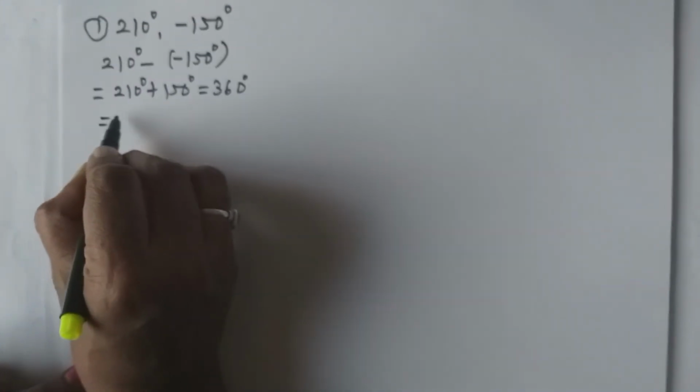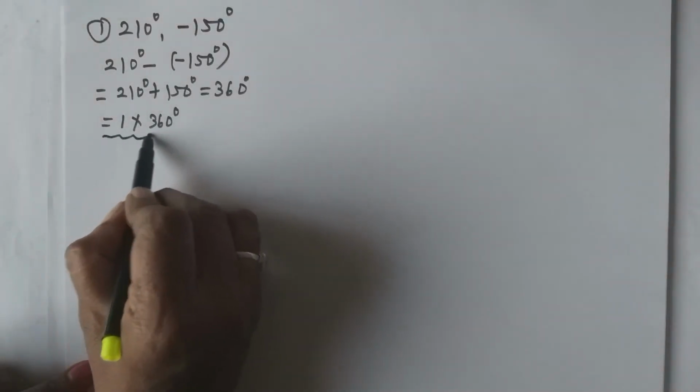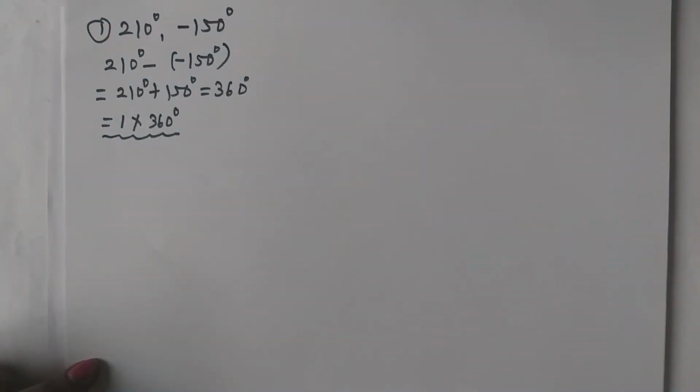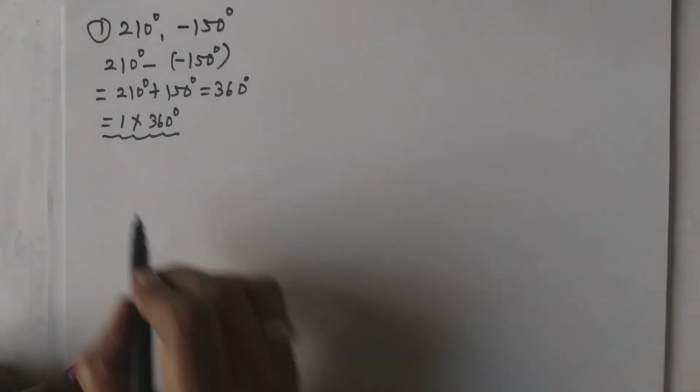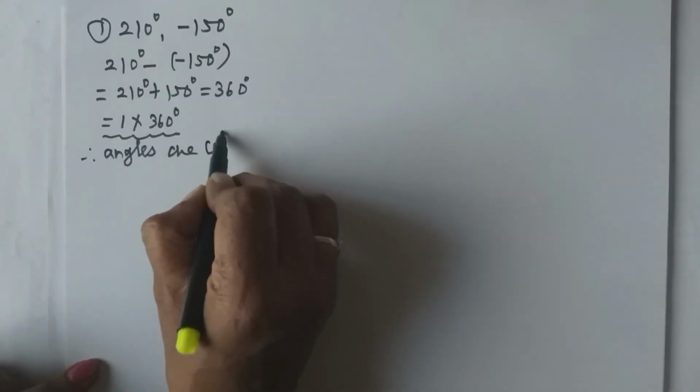Again see that this is 1 times 360 degree. Again we got an angle that is a multiple of 360 degree. Therefore the given angles are coterminal. Write down: therefore angles are coterminal.